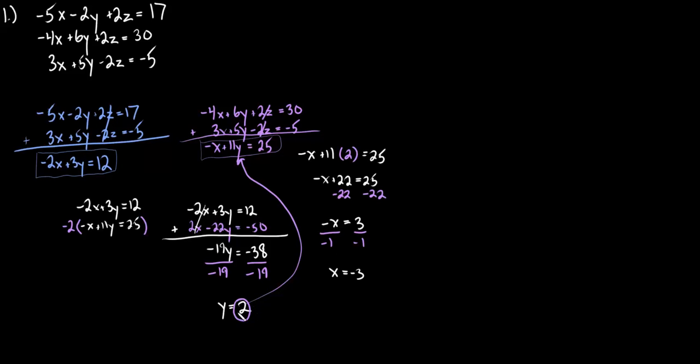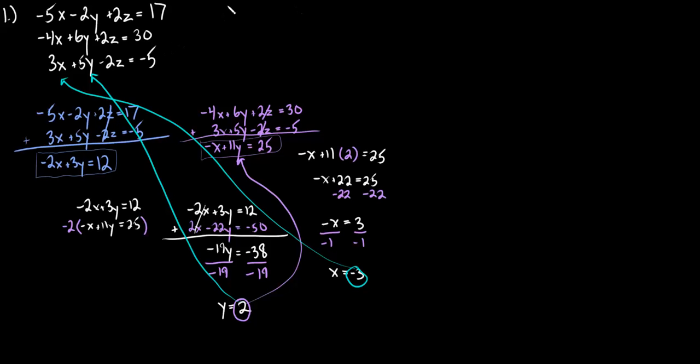Now I can take x and y and substitute them into any of the 3 original equations. What I'm going to do is plug both of these into the 3rd equation. I'm going to plug in 2 for y, and I'm plugging in negative 3 for x, because I found that x is negative 3.